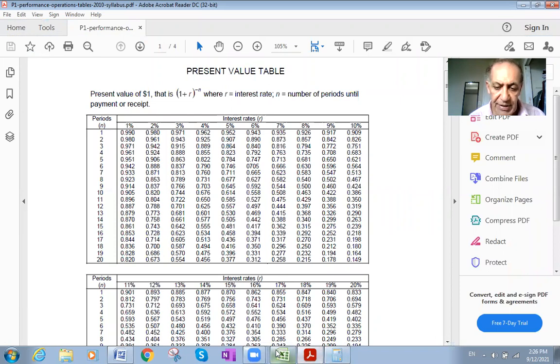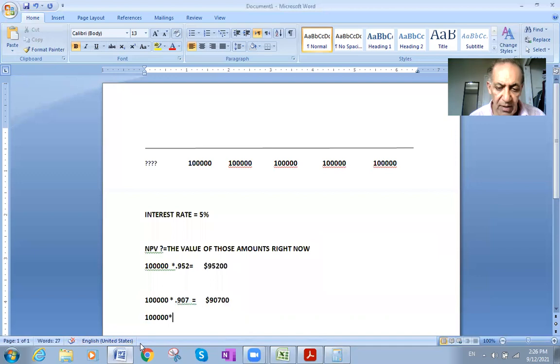Perfect. Then this will equal, I believe, 86,400. 86,400 dollars. When you multiply with each other, this will be the result. So here is the third year.